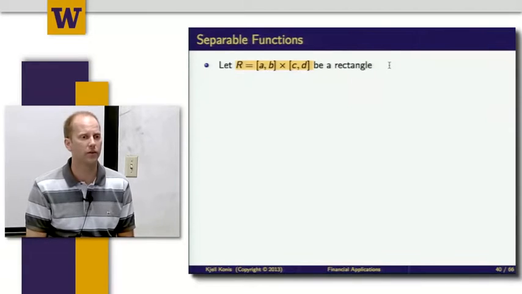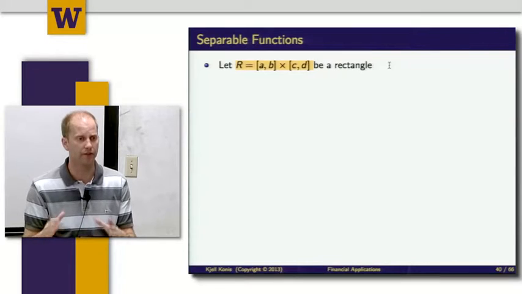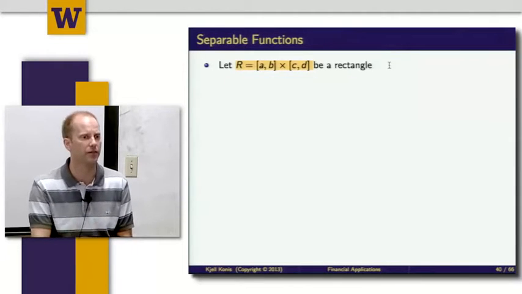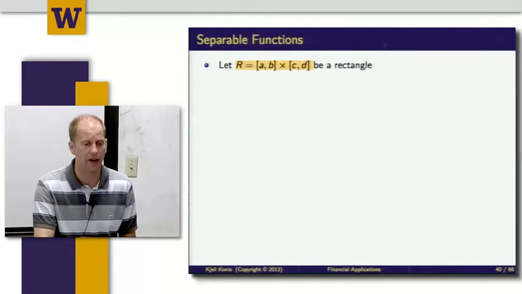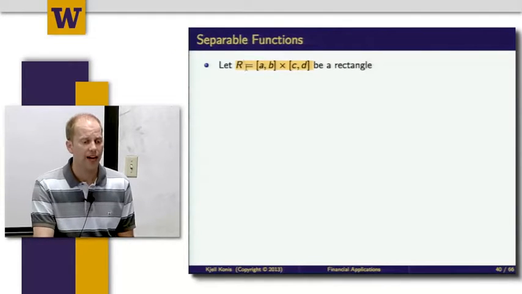This isn't going to work if the limits of one of the integrals depend on the value in the other integral, because then the first partial integral will still have some dependence, not in the integrand, but in the limits. So I won't be able to move that across the other integral. So I have to have a rectangular domain of integration.